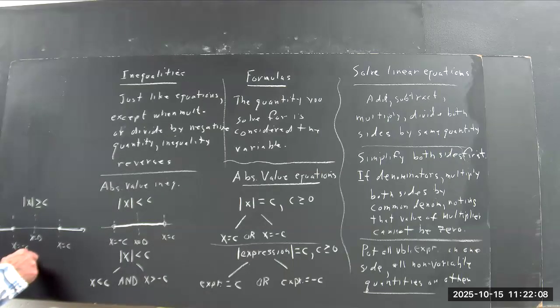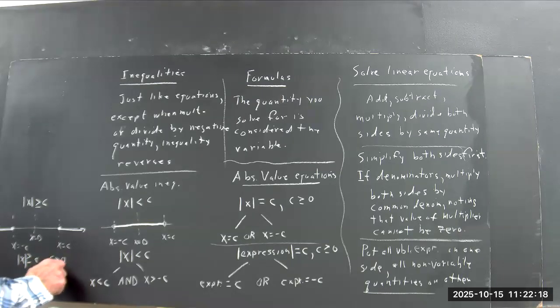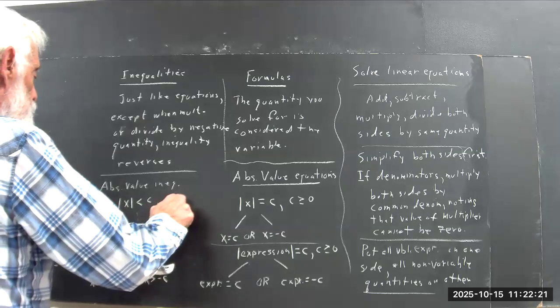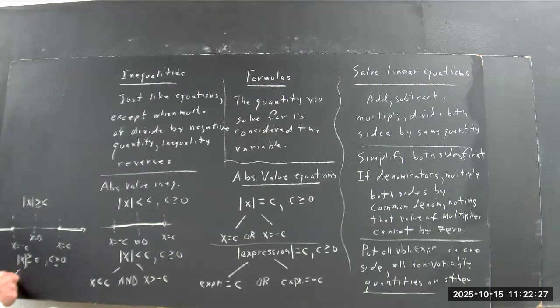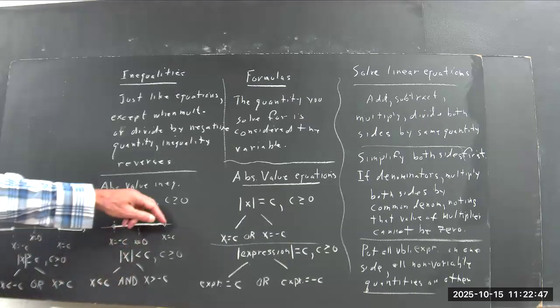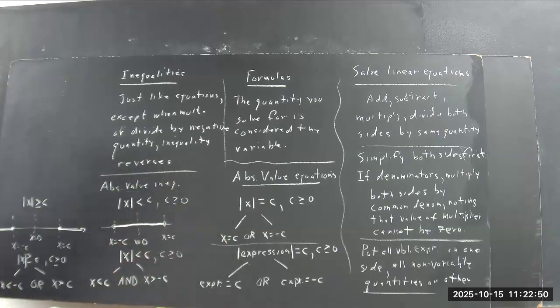So absolute value of x greater than or equal to C, and I should always say here, C greater than or equal to 0, breaks into x less than negative C or x greater than C. This is an and, it has to be both less than C and greater than negative C. This is an or because it can't be in both places.